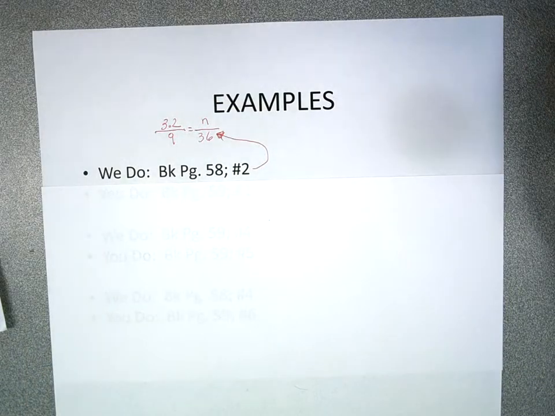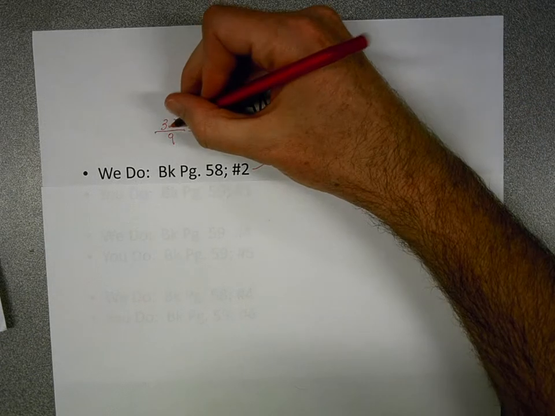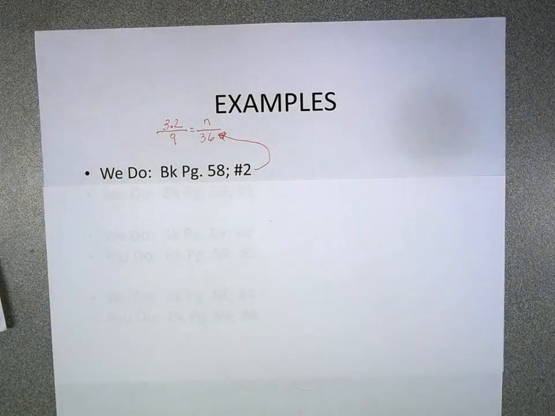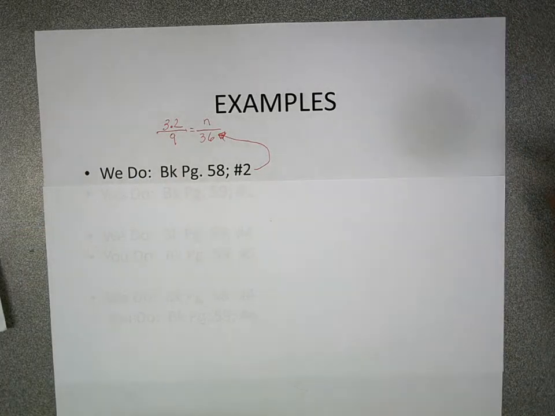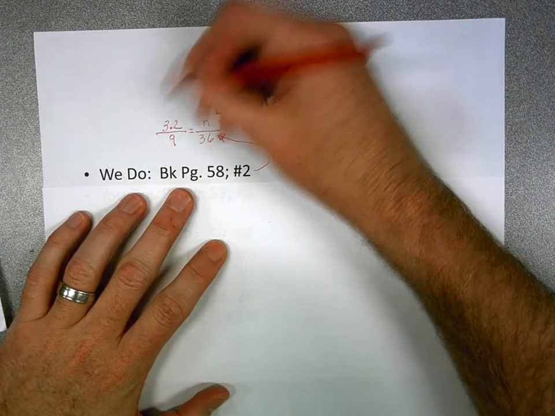Now listen, I do understand on some of these you might be able to use your elementary type skill, but that's not what we're doing today. We wouldn't have had the vocab word cross products without trying to get good at it. That's what our objective is, using cross products to solve these proportions. All right, so here's what we do. All right, here we go. Step 1.